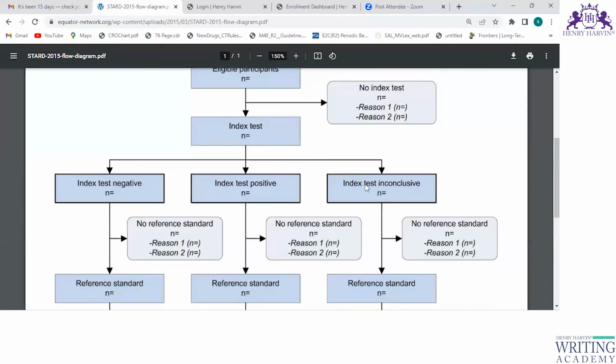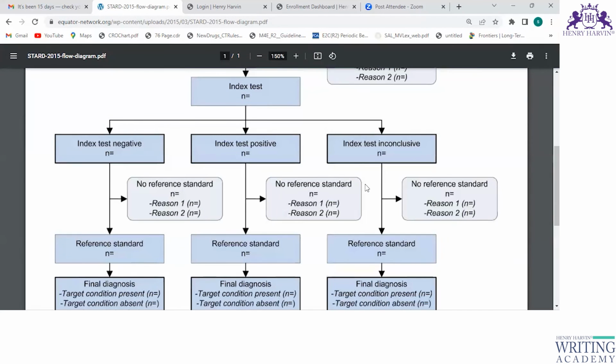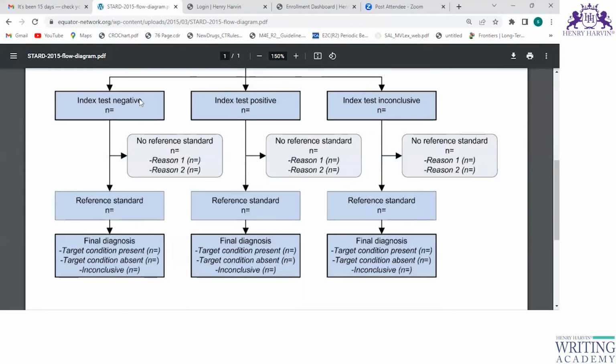Now, depending upon the result obtained after the index test is conducted, the participants can be divided into three groups. One group where the index test is negative, second group where the index test is positive, and the third group where the index test is inconclusive, meaning neither negative nor positive. We do not actually know what the result is.